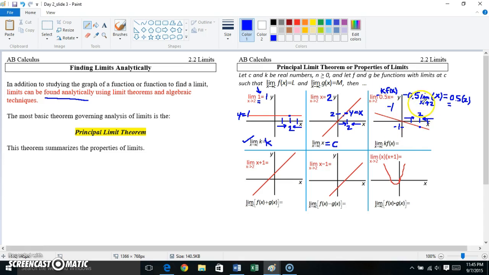So I'm going to switch that up and call that a negative and a negative. So this will now be negative 1. Sorry about that typo. But we see the limit of a constant times a function is the same as the constant times the limit of the function.